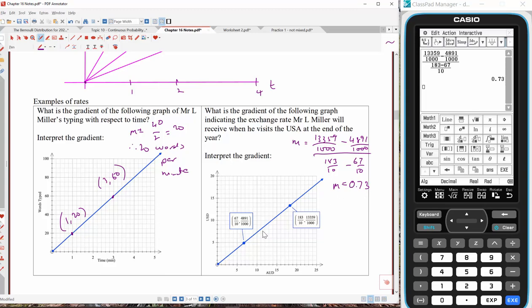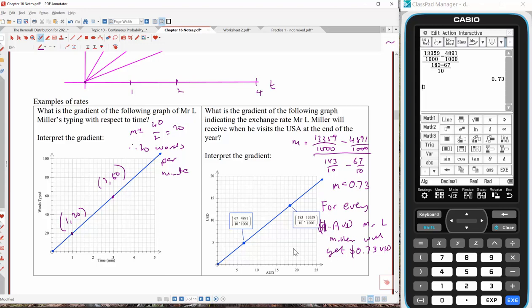Right, interpret it, i.e. what does it mean? Well, remember, that's a rate. So what this means is, if we have $5 Aussie, we're going to get, it looks to be $3.50 US. And what this means is for every $1 AUD, Mr. L. Miller will get 0.73 US dollars.